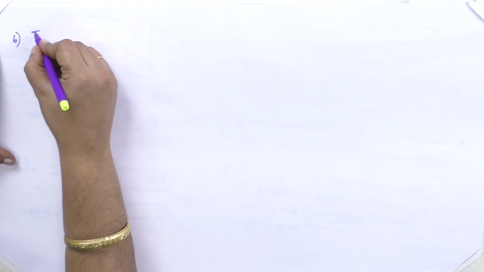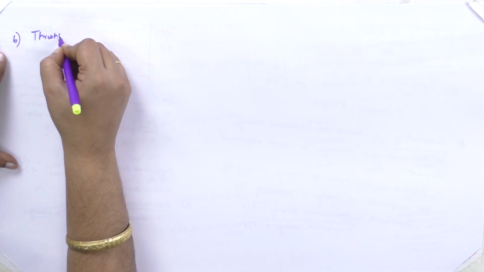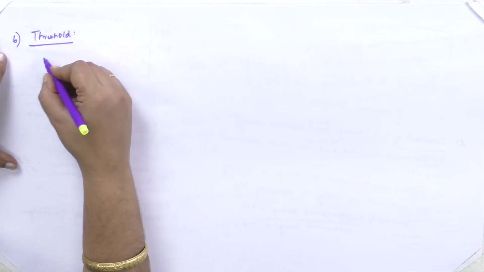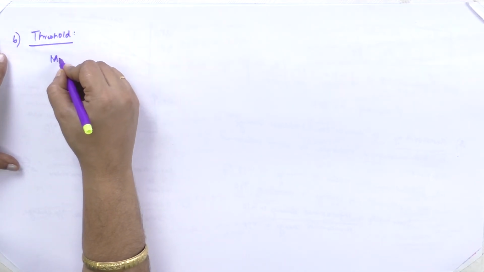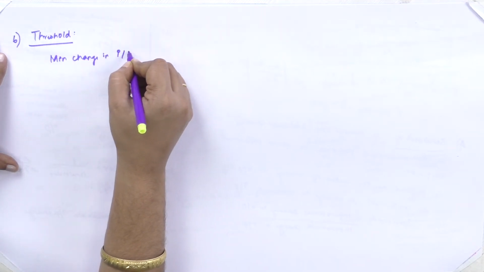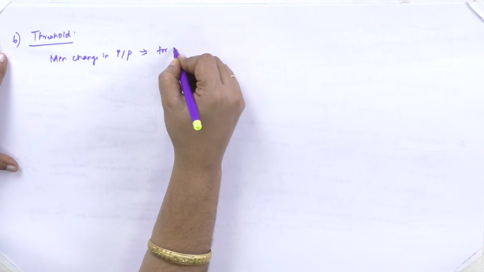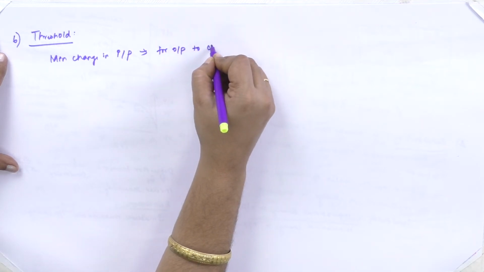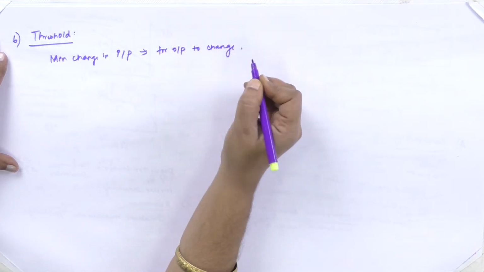The sixth static characteristic is threshold. Threshold is the minimum change in input for the output to change.